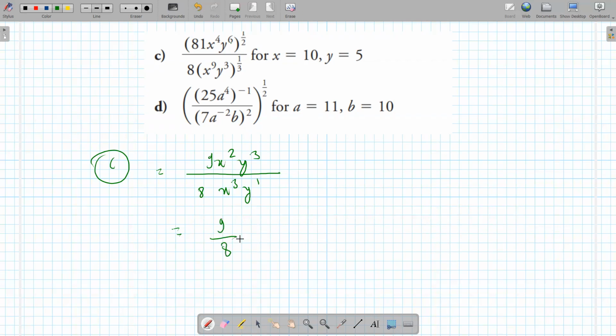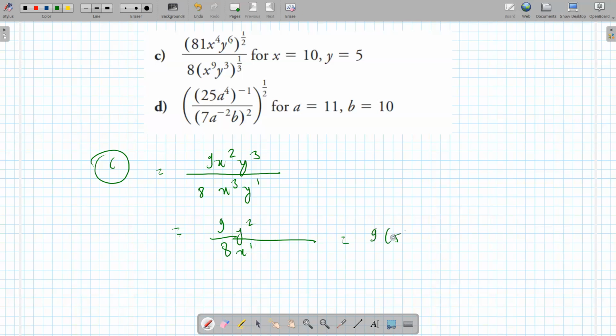So the numbers stay wherever they are. The x^2, do we leave it up or do we throw it in the bottom? You throw it in the bottom. Right, you'll get x^1. What about the y's? What do you get on top? Y squared.